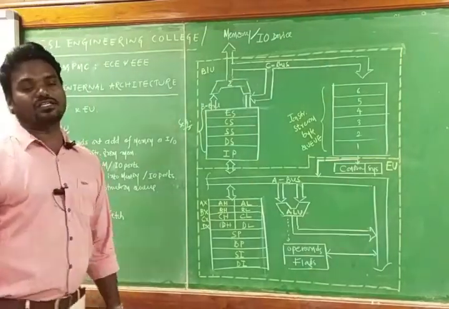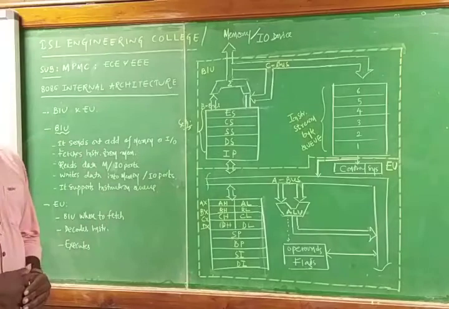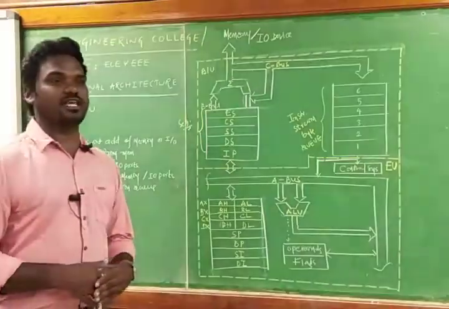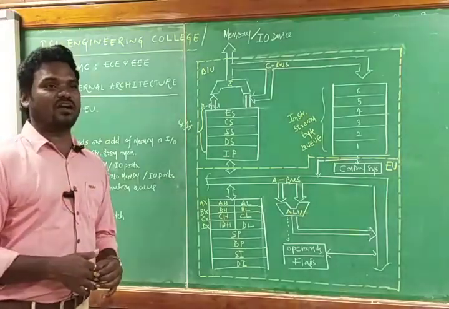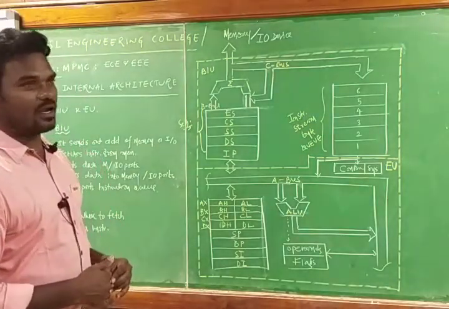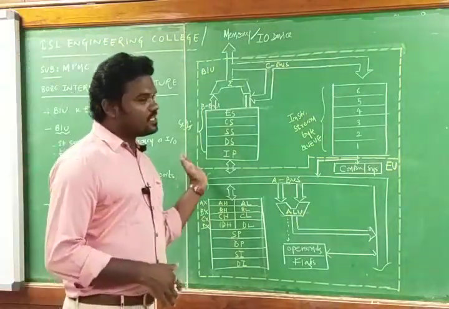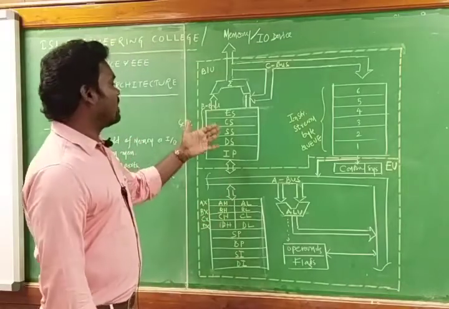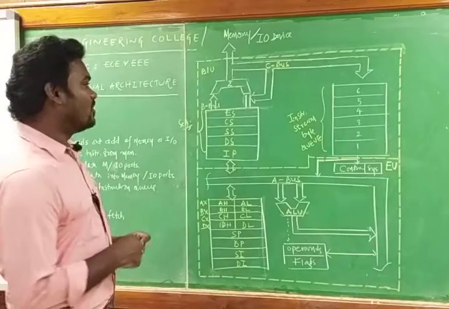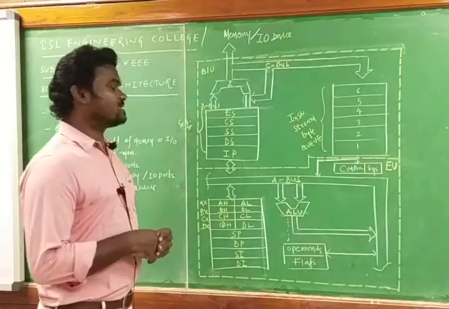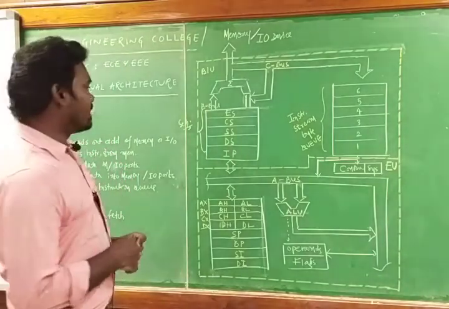In the description of the pin diagram we discussed some selection lines, that is S0 and S1, and based on the combination of S0 and S1, the processor is going to use any one of these segment registers. Whenever it is 00, the code segment register is going to be accessed by the processor.